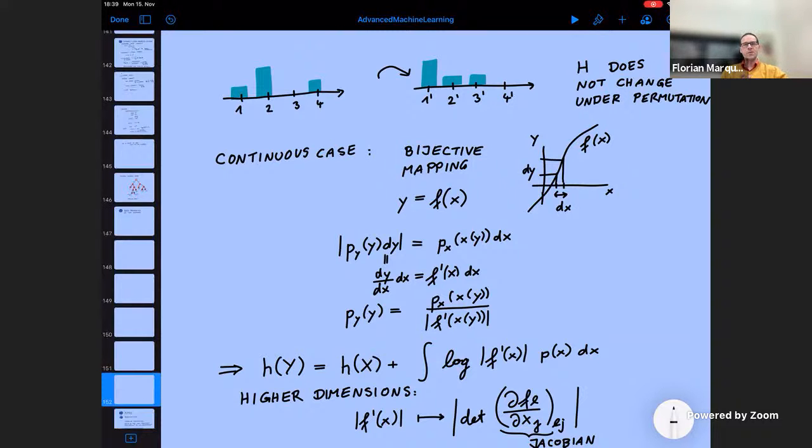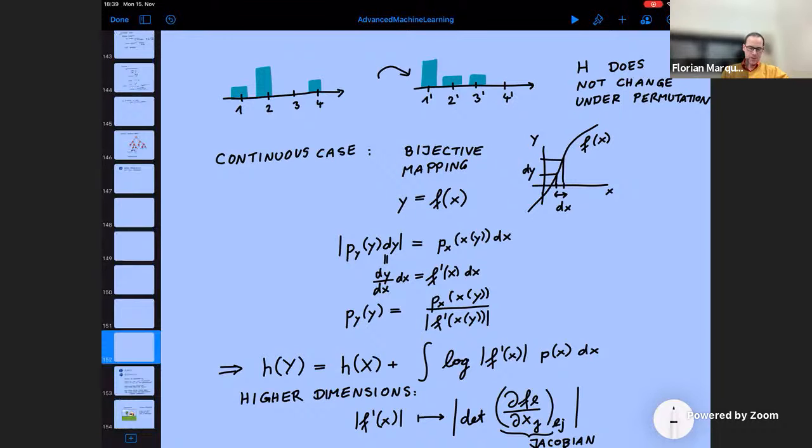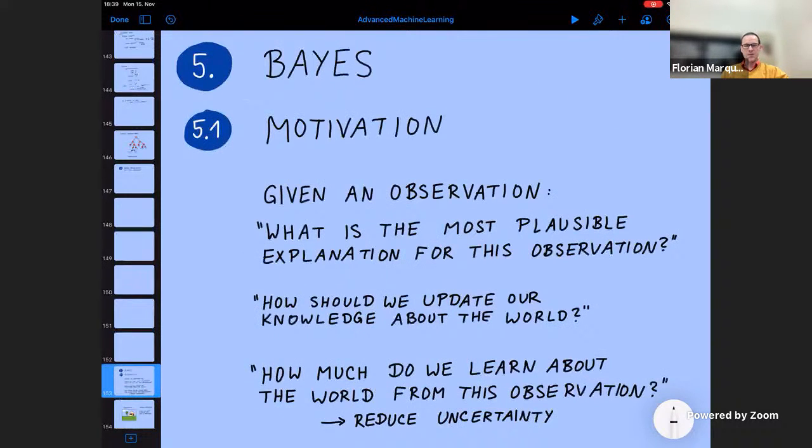Now, this is entropy, but that's only the starting point of our journey into probability theory. And the next chapter is particularly important. It's about Bayes' theory. And I want to start with a motivation. So what is this about? It's one of the most important concepts, especially if you think about scientific discovery.